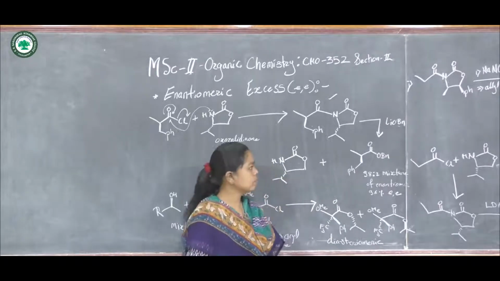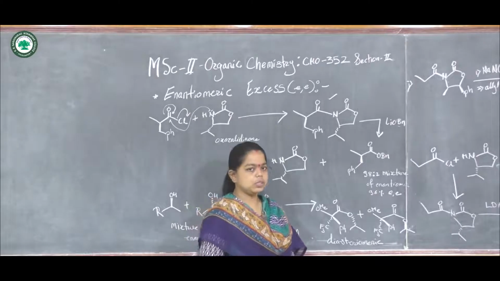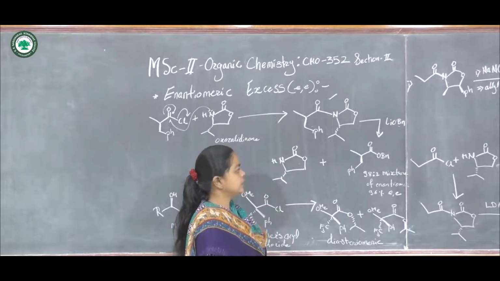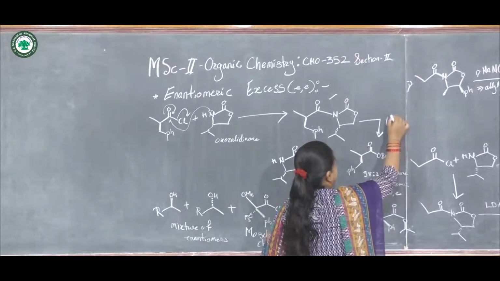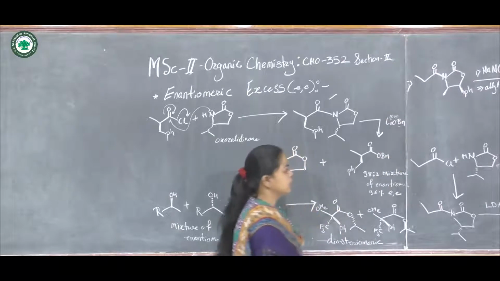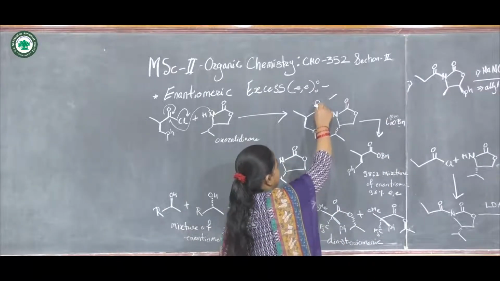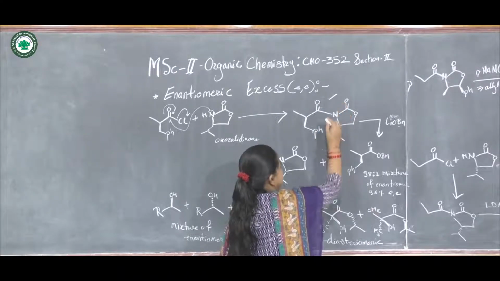LiOBn. So this is the lithium salt of benzyl alcohol. So this benzyl alcohol is reacted as BnO minus, and this is lithium plus. So the BnO minus is reacted here with this carbonyl group. Reversal of the charge takes place and nitrogen will get removed.